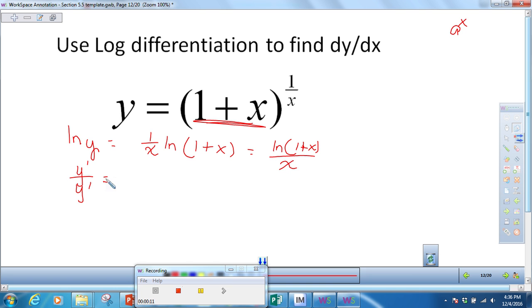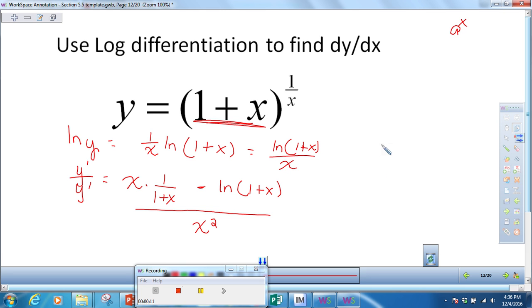So I have the low times the derivative of high, which is 1 over 1 plus x, times the derivative of the inside, which is simply 1. So low times the derivative of high minus high times the derivative of the low, which is 1, all over low squared.